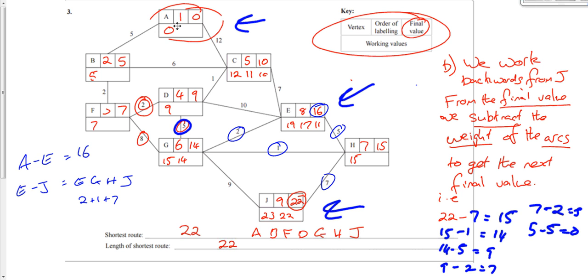Then we've also got to figure out the quickest way to get from E to G. And again, we can do that by working backwards.